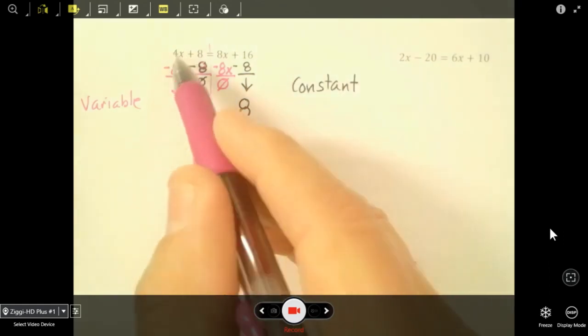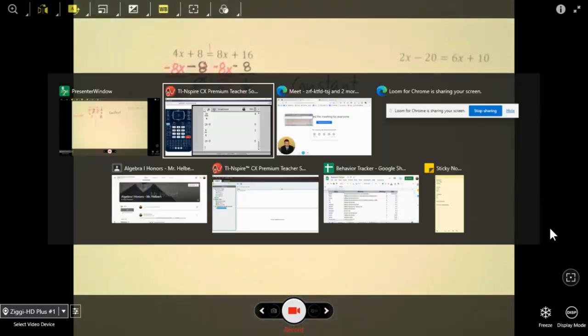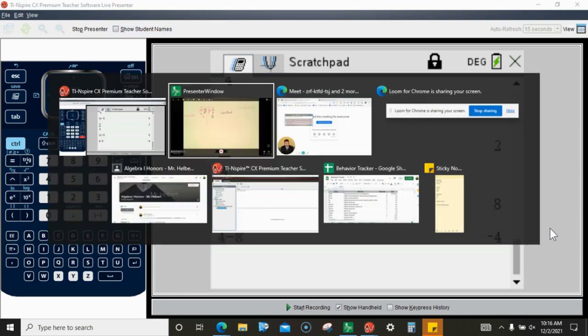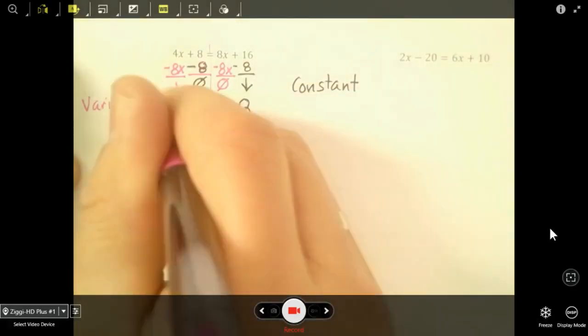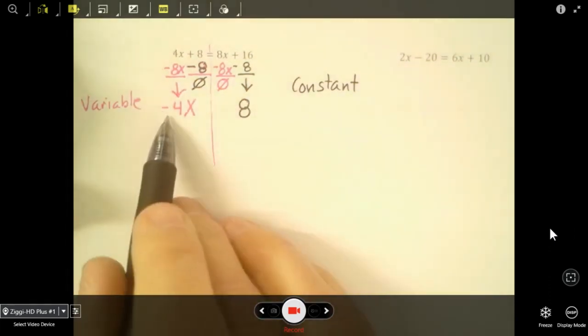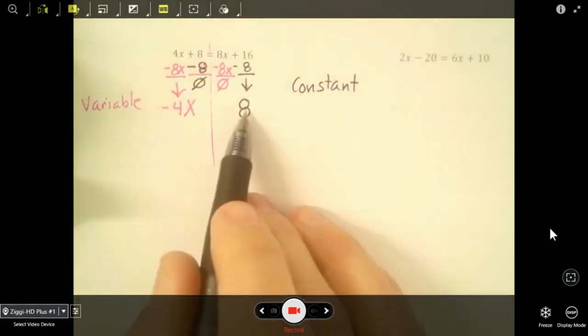And now I'm going to do 4 minus 8 in my calculator to see what it gives me. And 4 minus 8 is going to give me negative 4. So I'm going to write negative 4. So I have negative 4x on the left, and I have 8 on the right.